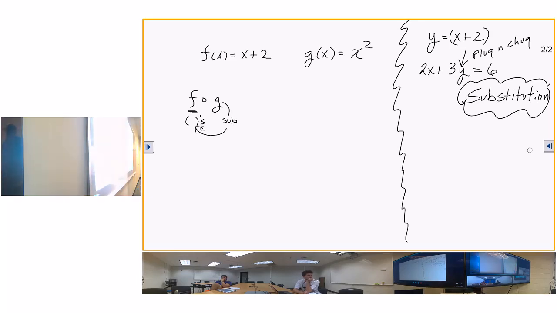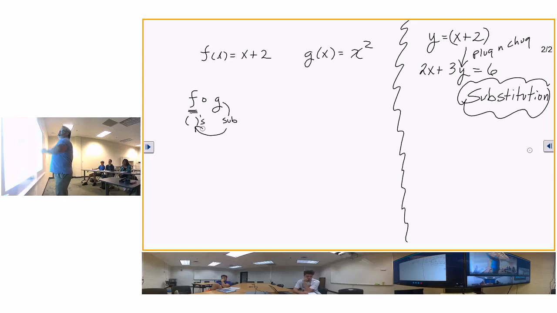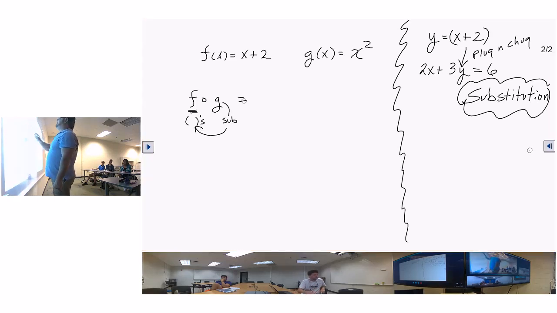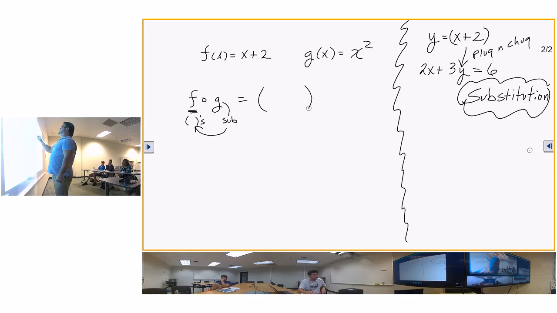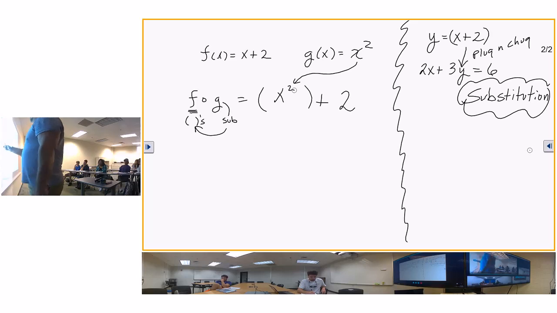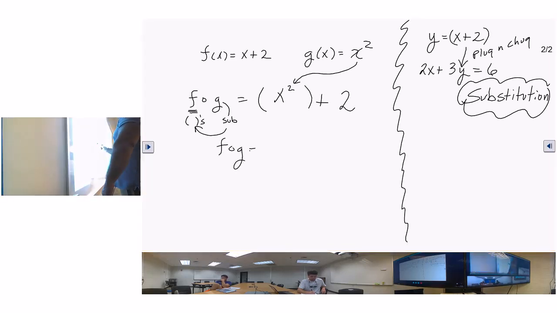So I'm going to rewrite x plus 2 with a big set of parentheses, and now I'm going to plug in x squared. That gives me f composed of g is equal to x squared plus 2.